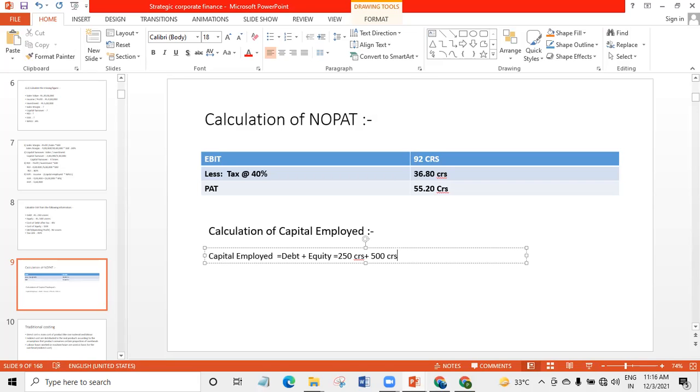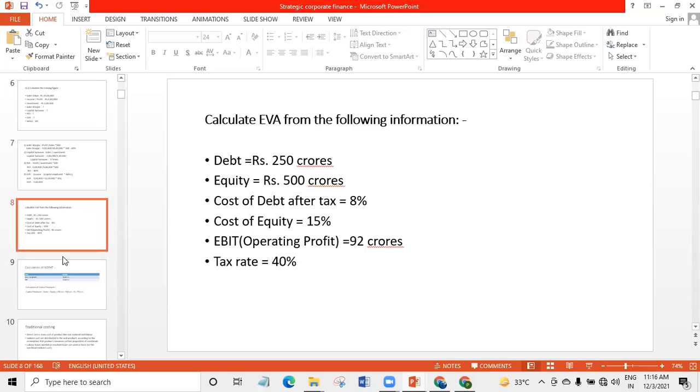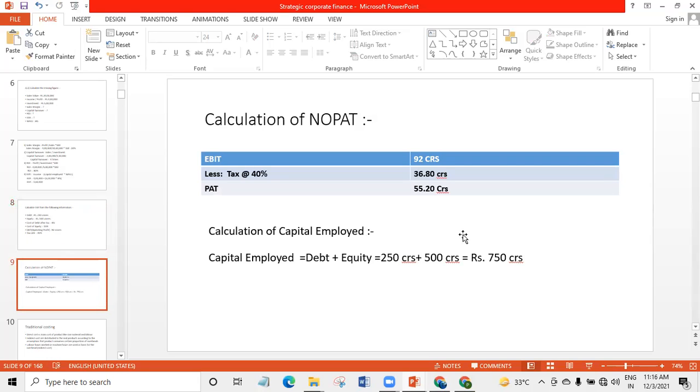Total 750 crores the company has raised. 250 plus 500 crores, capital employed 750 crores. So on this 750 crores, the company has a cost. We have to calculate the WACC.